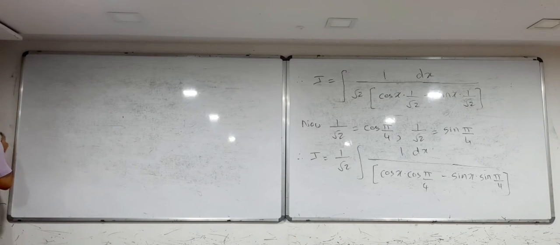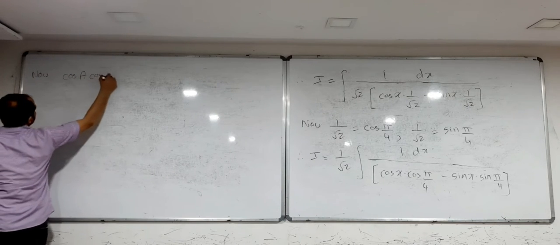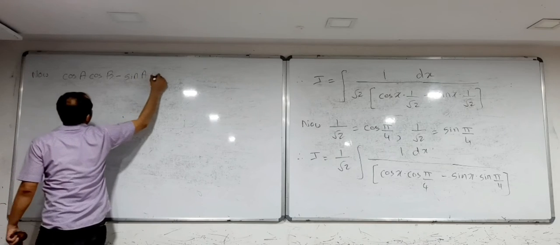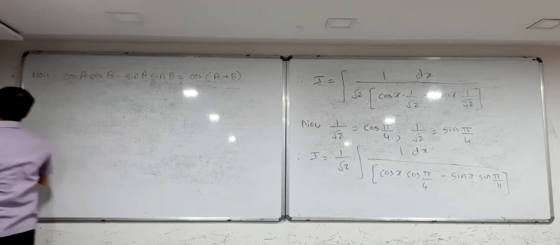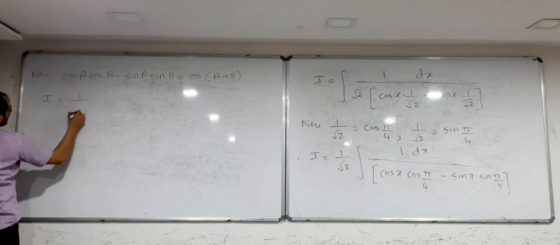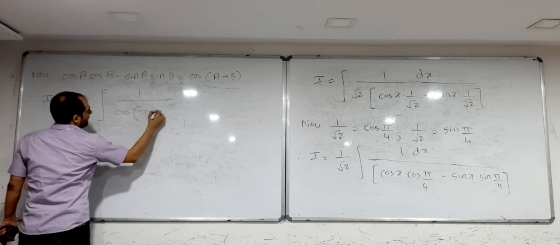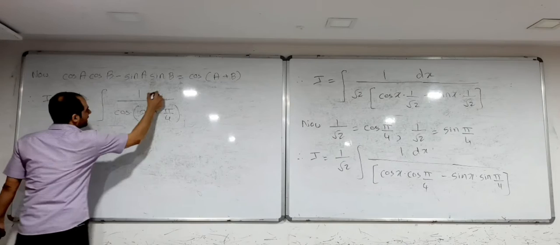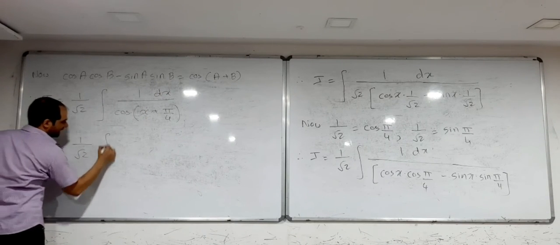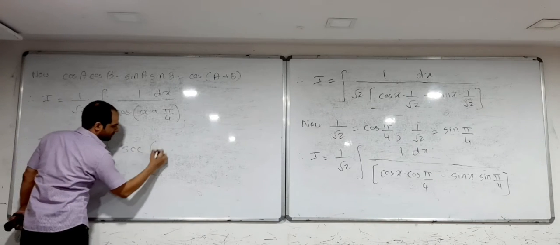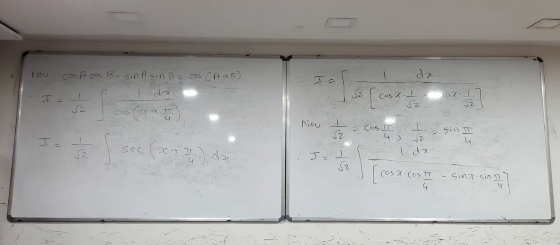You should know this formula. So the denominator converts to cos of a plus b, and I becomes 1 by root 2 integration of 1 upon cos of x plus pi by 4 dx. Therefore I is 1 by root 2 integration of sec of x plus pi by 4 dx.